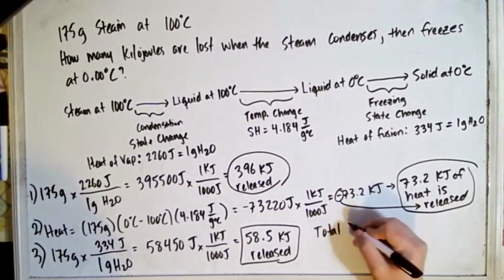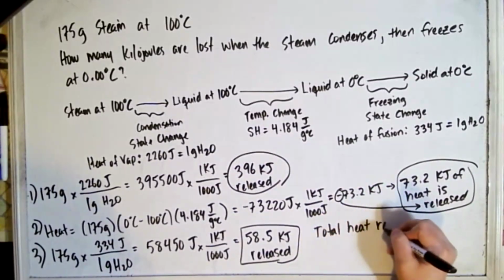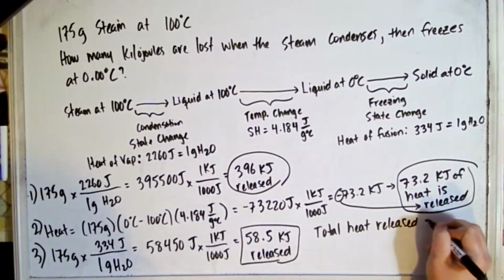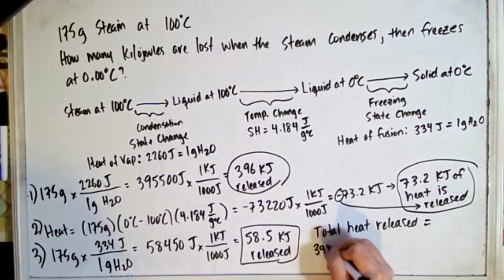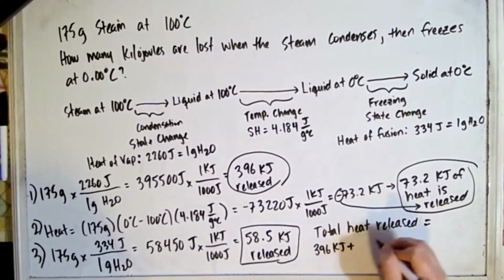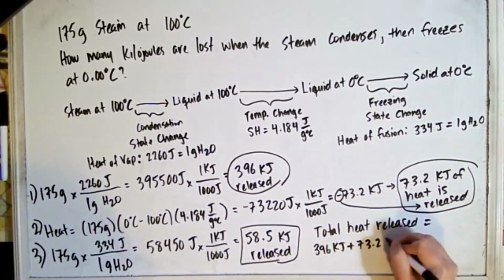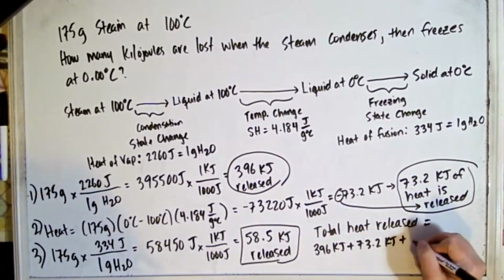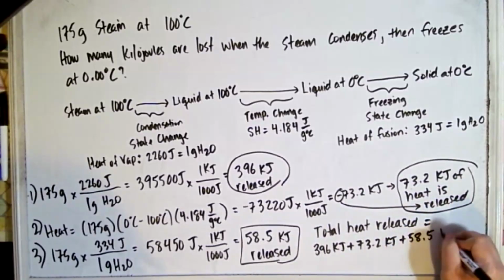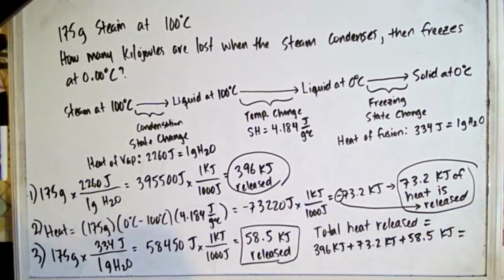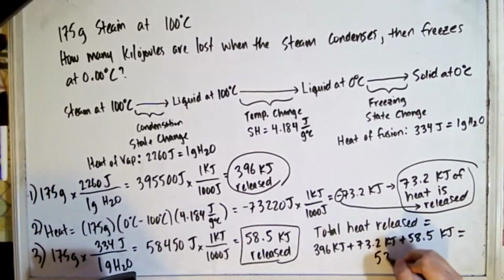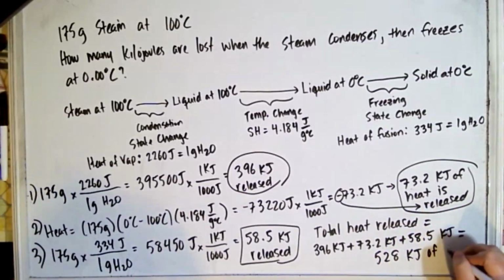So our total heat released is going to be 396 plus 73.2 plus 58.5. And we're going to end up with 528 kilojoules of heat released total.